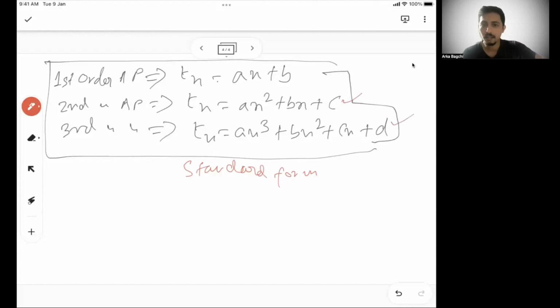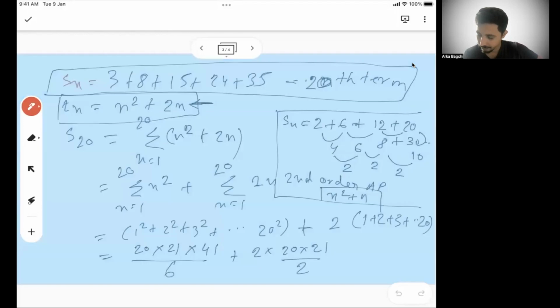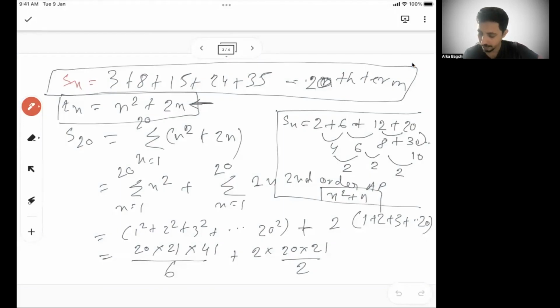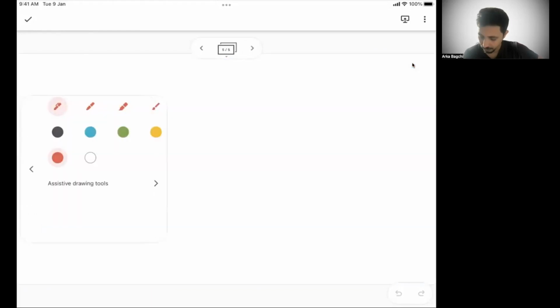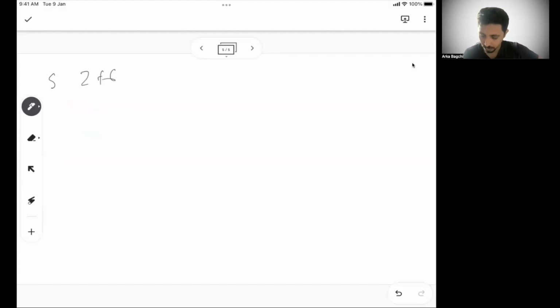Now, if you understand this, let's try to solve the same previous problem, 2, 6, 12, 20, 30. How can you solve this? Let's say you got the same problem: 2, 6, 12, 20, 30.